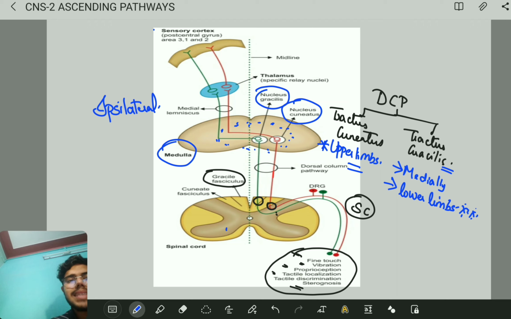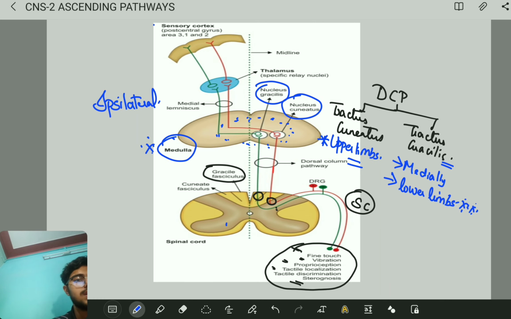That is why there is crossover at the level of medulla. Very important. Okay, there is crossover at the level of medulla. Fine. So when there is crossover, it moves to the thalamus, relay station. Okay, so thalamus, and then from thalamus it is going to your sensory cortex.